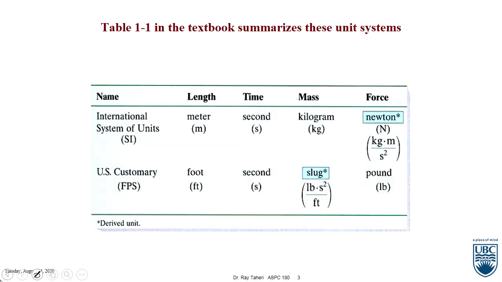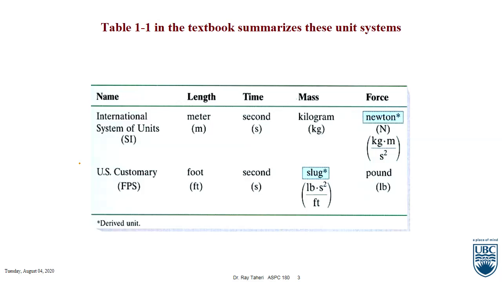Let me start by introducing those four major quantities in these two unit systems. Length in SI is the meter. 1 meter is 100 centimeters, and 1 centimeter is 10 millimeters. You can divide further, down to micron or nanometer, but most commonly we have meter, centimeter, and millimeter.